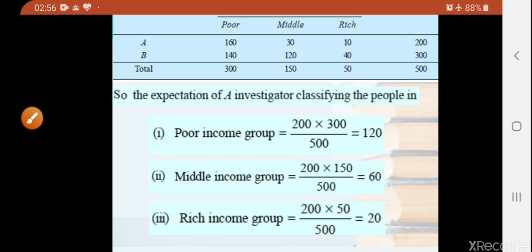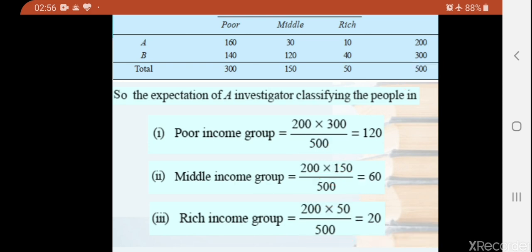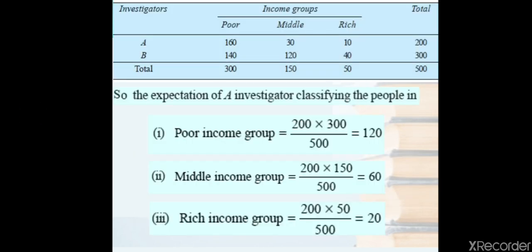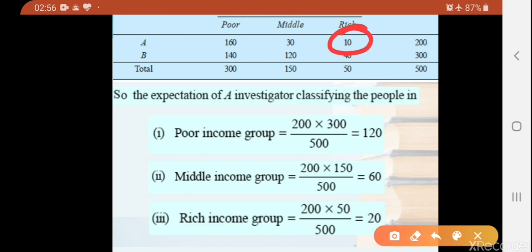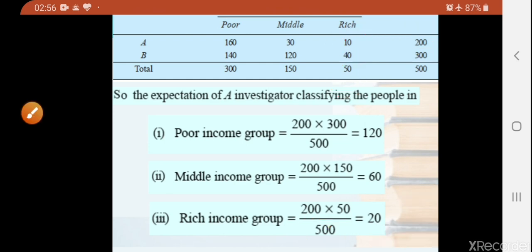Oh, sorry, we have to take the grand total of the rows and columns, so that remains the same, 500. So 120, then 60, then for the rich one 200, this is 50, and this would be 500, so it comes out to be 20.